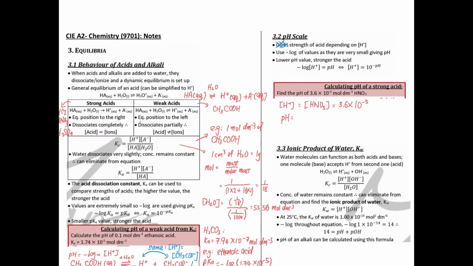But this one is very simple. We just take negative log of the concentration of nitric acid. Then you get the value, 4.44.